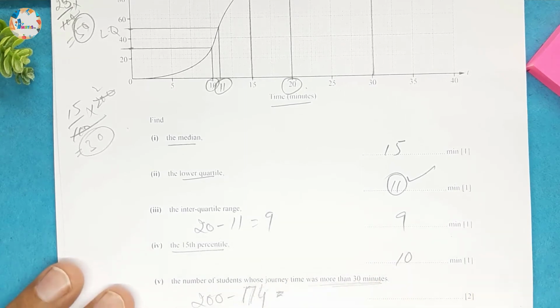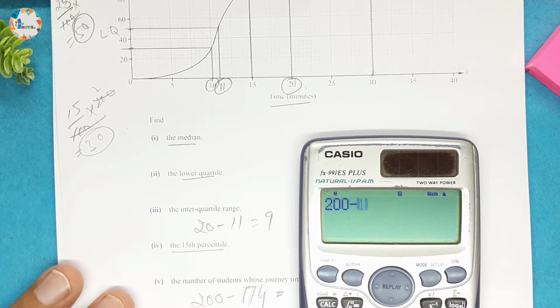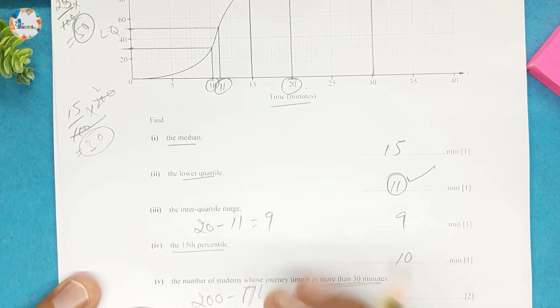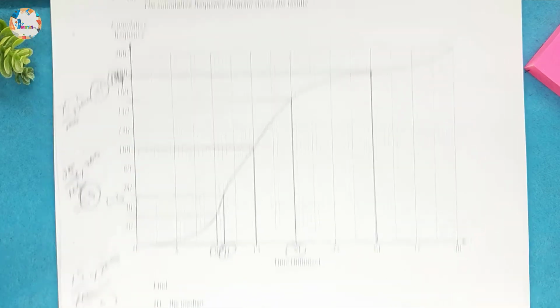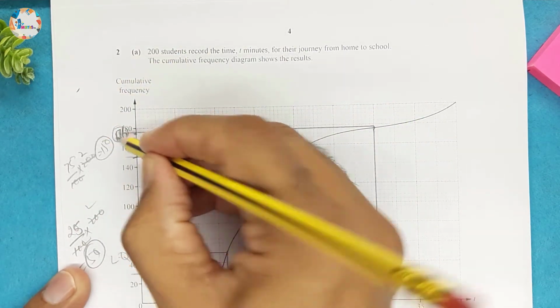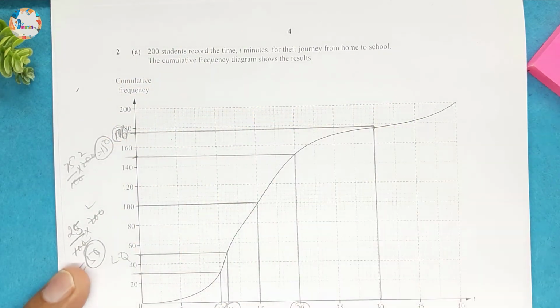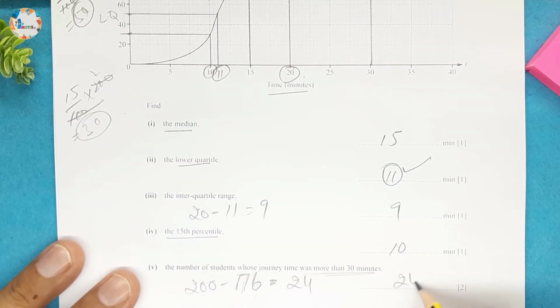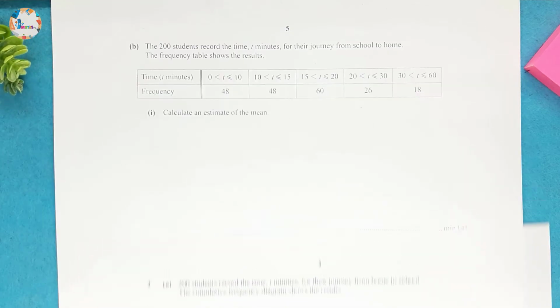So 200 minus 174 will result in 26, but we'll have to take basically 176 as the correct answer. So this one will be 176, so the answer will be 24. So 24 will be our final answer for this one.